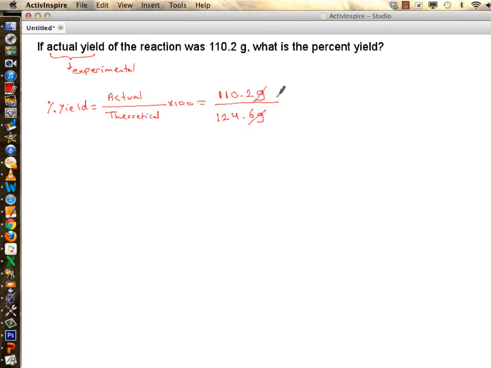Now this is zinc iodide, the grams and the identity goes away. Your final answer times 100 is about 88.4% yield. So we have seen limiting reactant, theoretical yield, and percent yield.